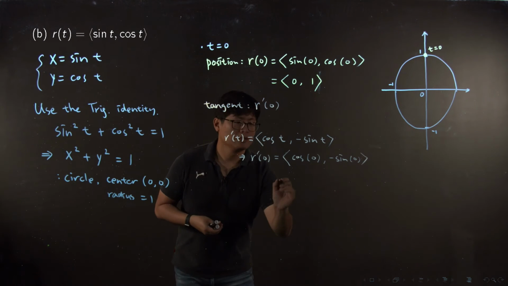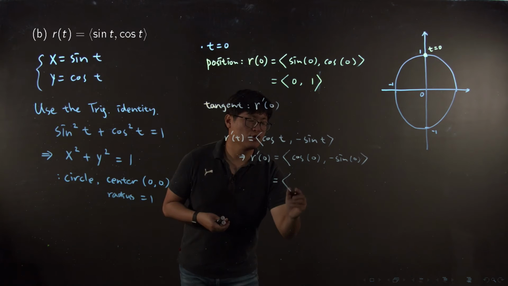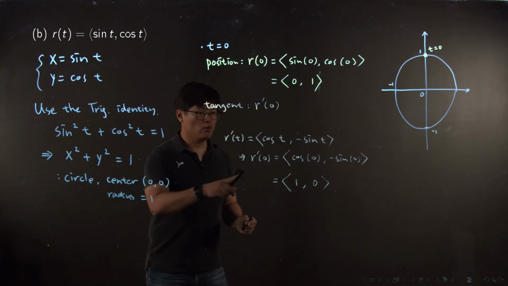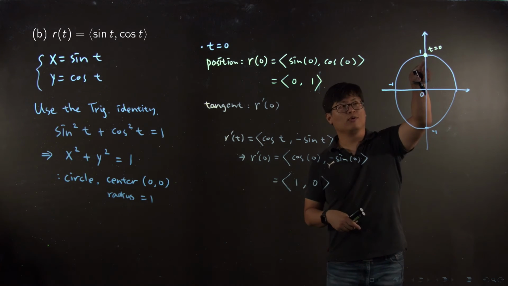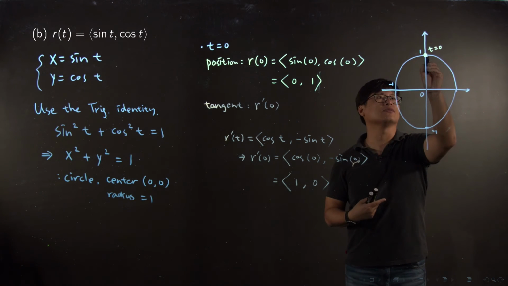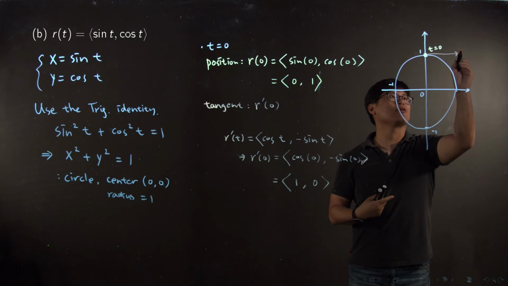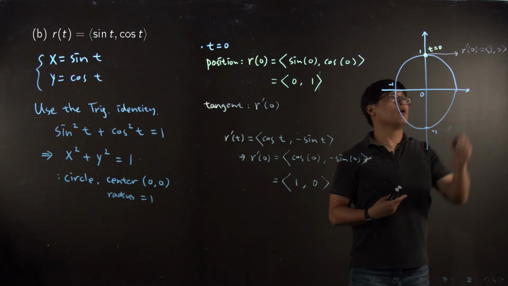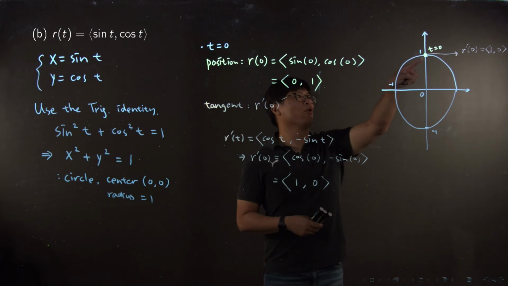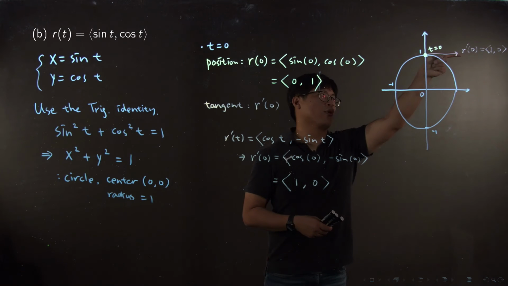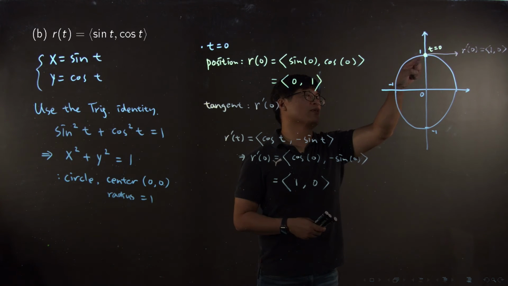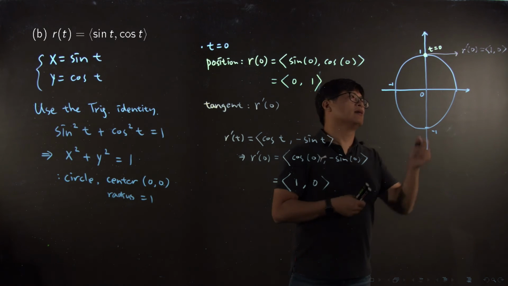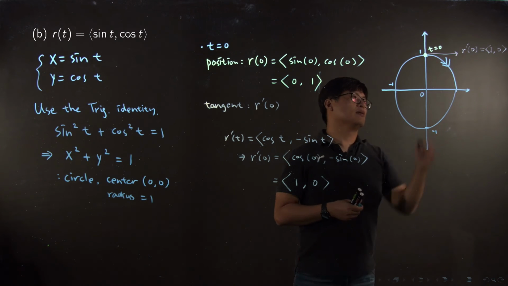So that is equal to 1 and 0, since cosine 0 equals 1 and sine 0 equals 0. What does it mean? At this point, your tangent direction is (1, 0). I'm talking about this direction. At this point, the point is willing to go this way, but since your point must be on the curve, it is going down this way. So we can say that the direction of motion is clockwise.